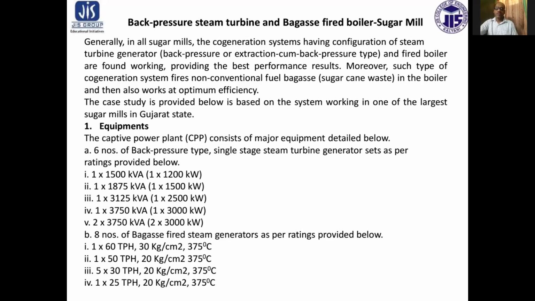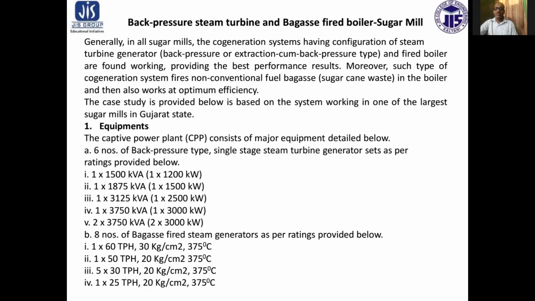There are 8 bagasse fired steam generators with ratings as provided below. One is 60 TPH, that is tons per hour, 30 kg per centimeter square, 375 degrees centigrade boiler.